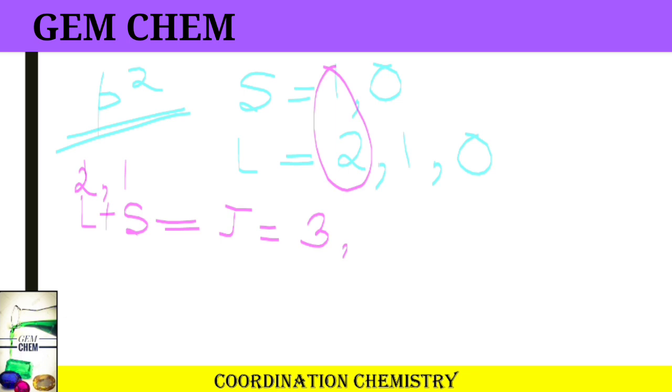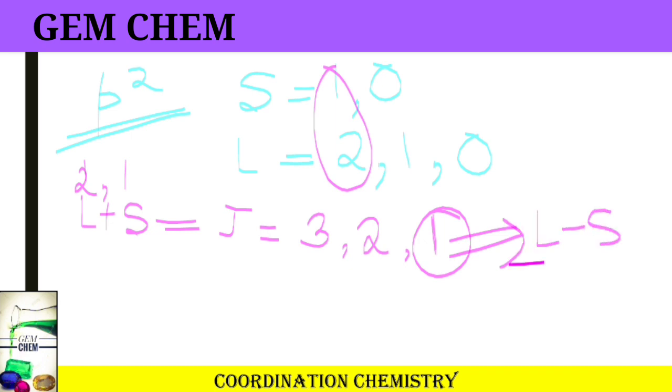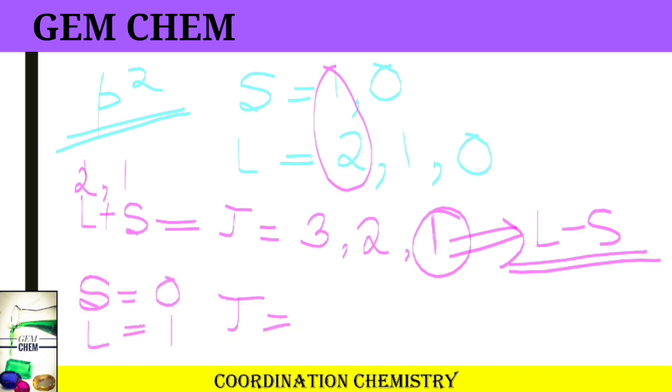So you will have 2 and you will have 2 minus 1, which is 1. This is the last one, which is L minus S. No more subtraction. Similarly, if you consider another combination where S equals 0 and L equals 1, J can become 1 only. And 1 minus 0 is also 1. So this is how you can take out the J.